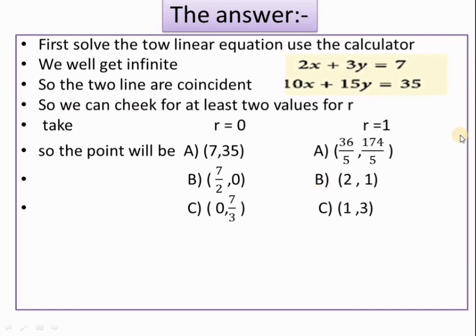And then we're gonna check this point. After substituting for r, we will get the x coordinate 2 and y 1. Let's check. 2 times 2 equals 4 plus 3y equals 7. So 4 will transfer to the other side, and hence 3y equals 7 minus 4, which is 3. So 3y equals 3. That means y equals 1. So choice B is the correct answer.